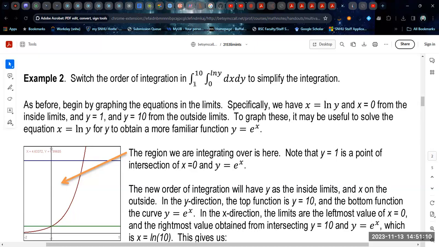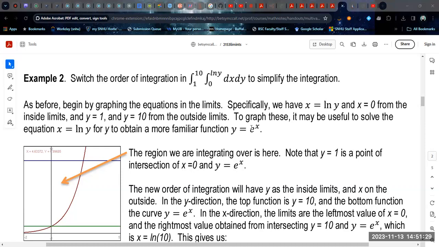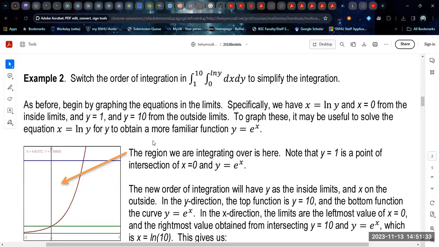On the other integral, we have y equals 1, which is right here, and y equals 10, which is up here. Now, this y equals 1 represents the intersection of x equals 0 and this curve y equals e to the x. So that's just the result of an intersection. It's not like an extra boundary. But what it does is it confines us to this region right here, where the arrow is pointing.